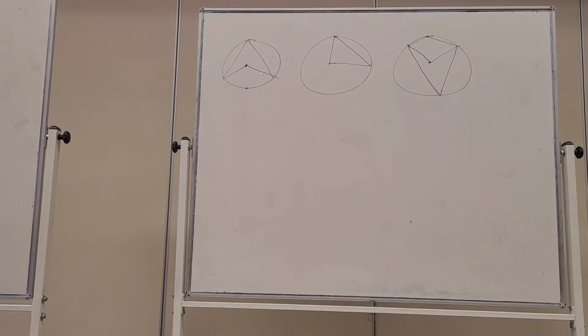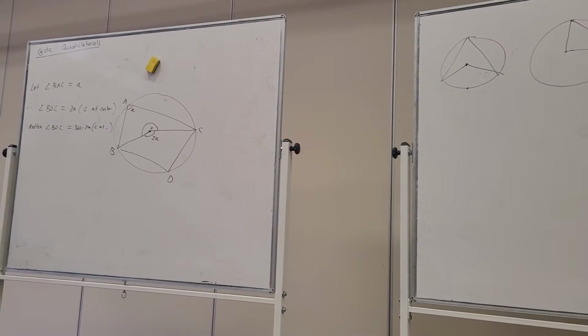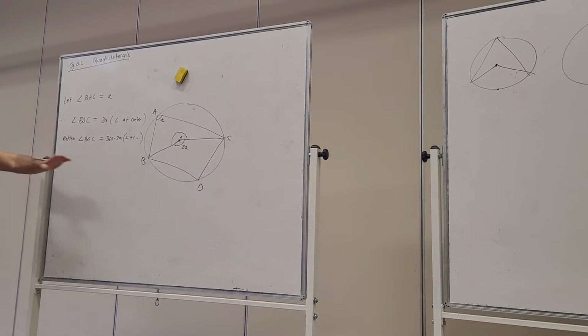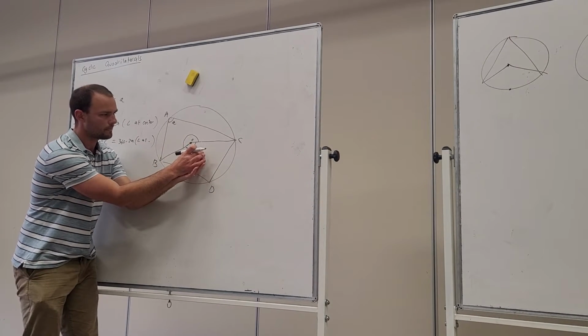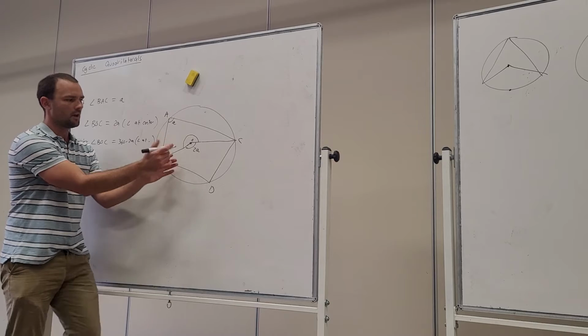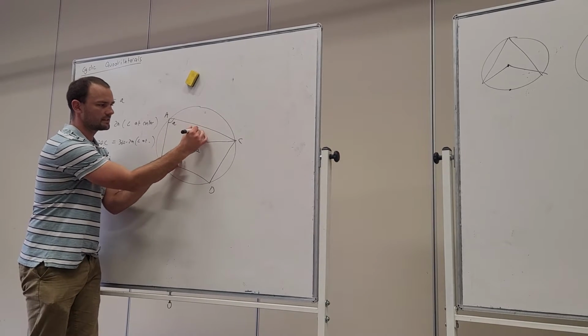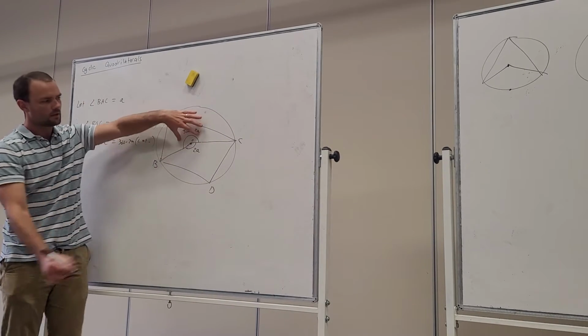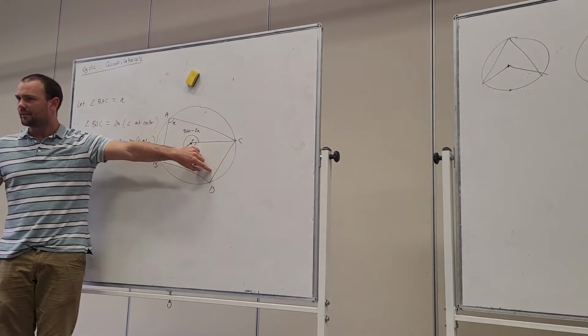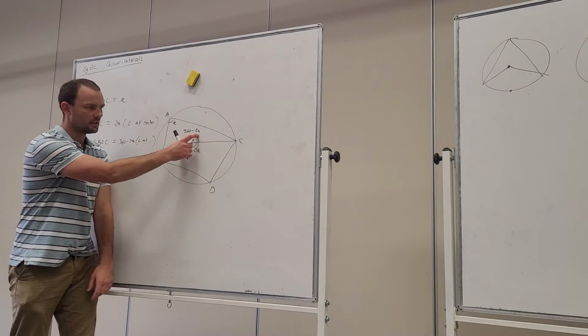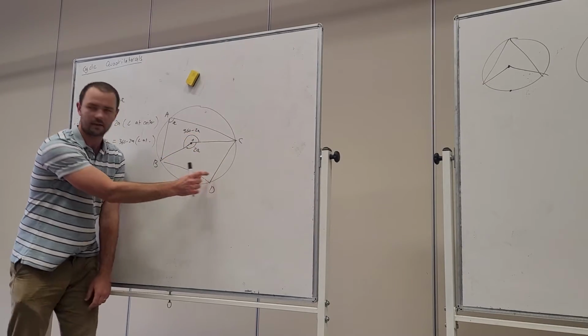All right. So what we've got here, if this angle is 2 alpha, this angle is alpha, and this angle is 360 take away 2 alpha. Now we're just going to use that same rule again, that the angle at the center is twice the angle on the outside.